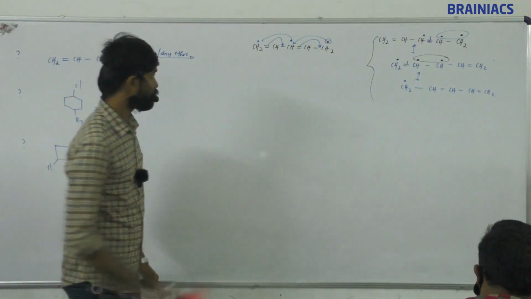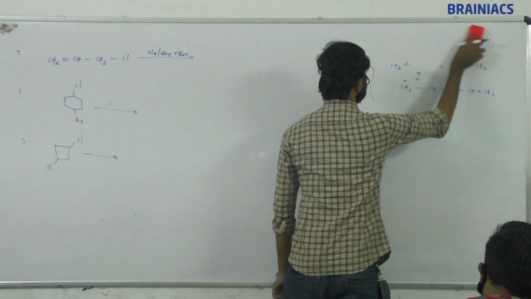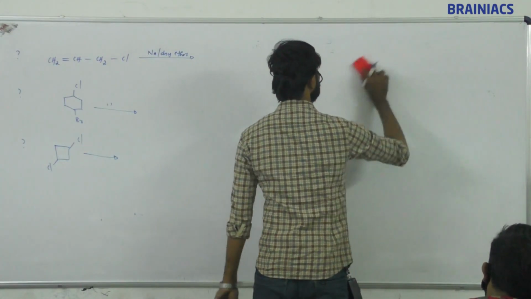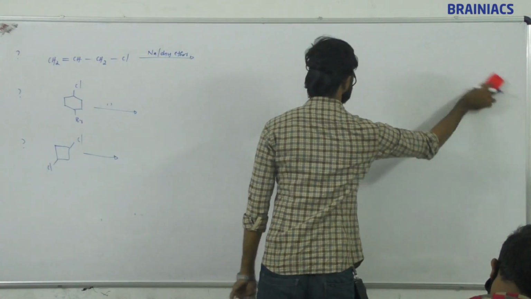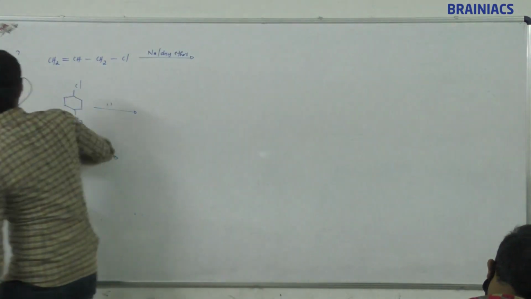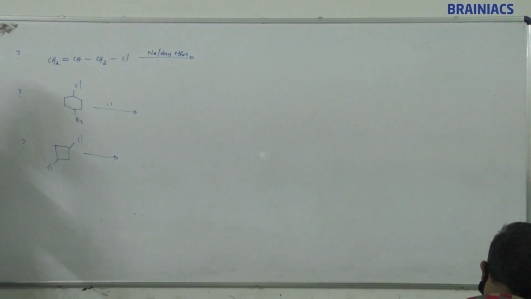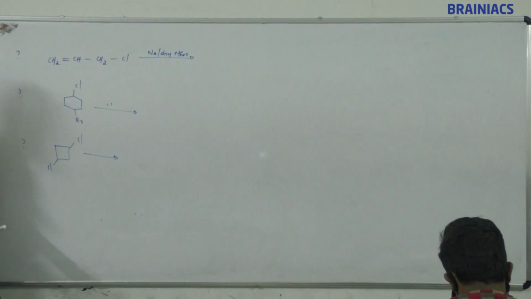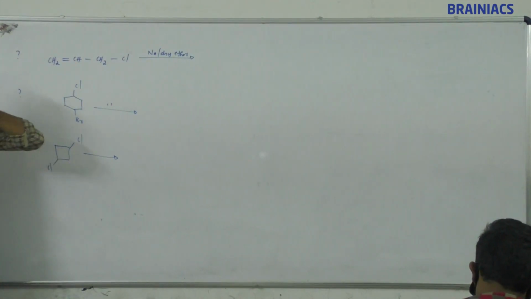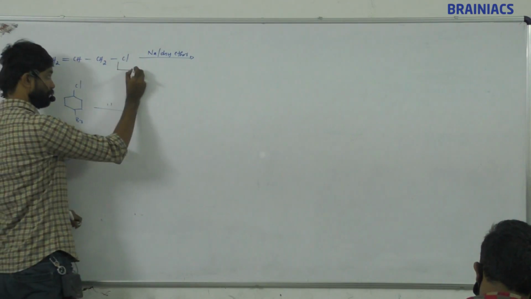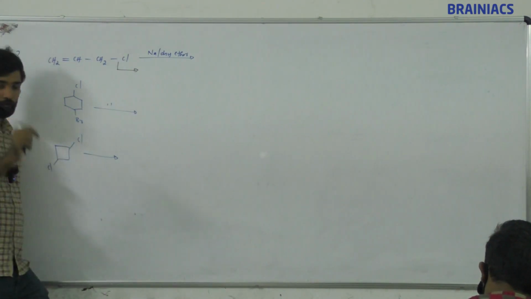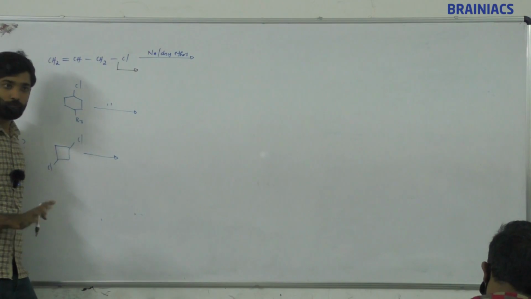So you simply show this much at least, or simply understand that you can apply it here. Oh, this is a case. So you should do this in a mechanism pattern. You know what happens? There is only one chlorine, right? So there is a chance for a simple reaction.